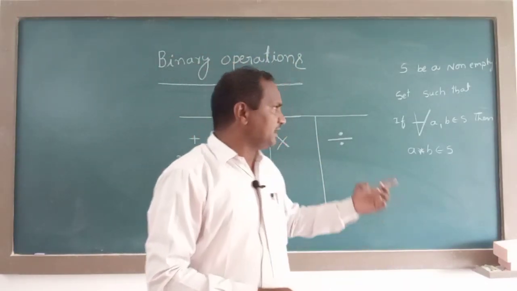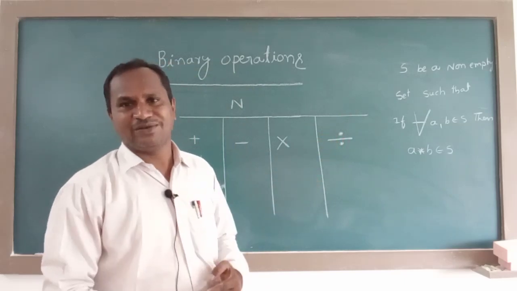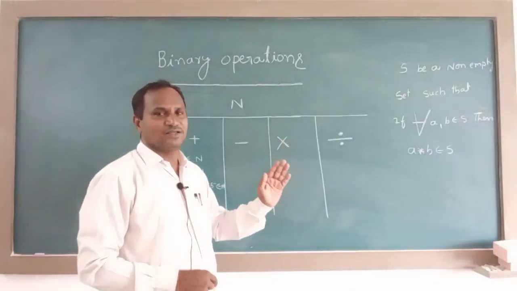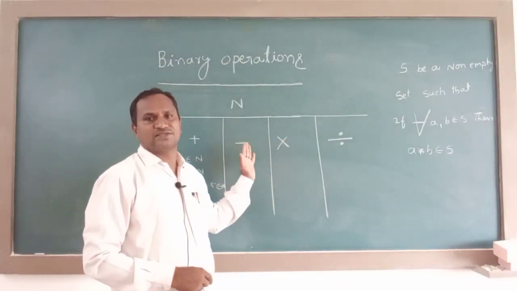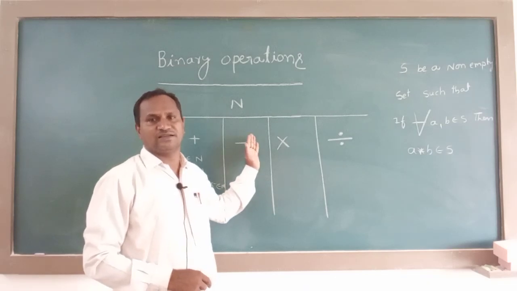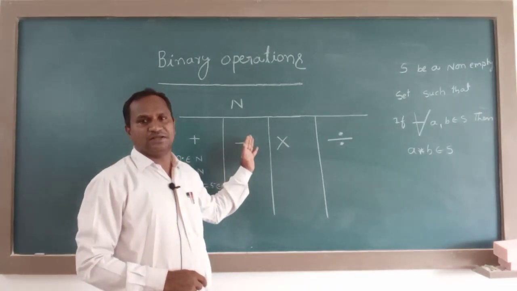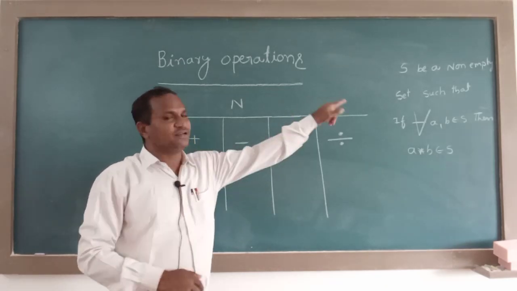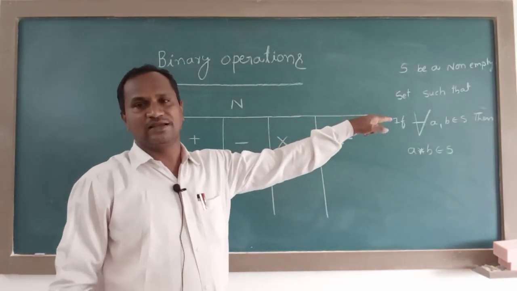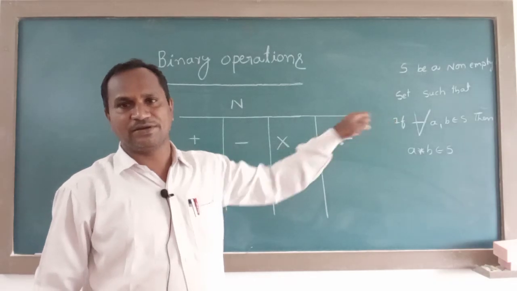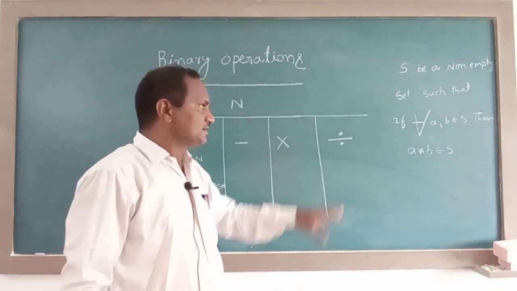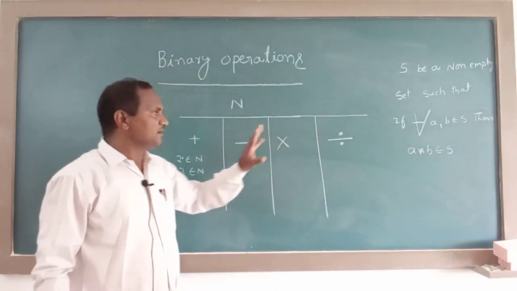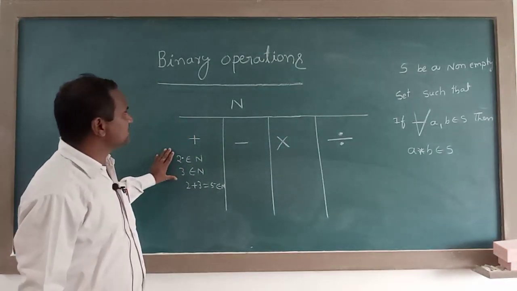If I tell you directly like that, we can't understand well. That's why, before that, through the number system, we are going to take an example for binary operations, the set of natural numbers. With the help of this, we can easily understand the definition of binary operations here. See, according to the definition, I am taking S as a non-empty set here.